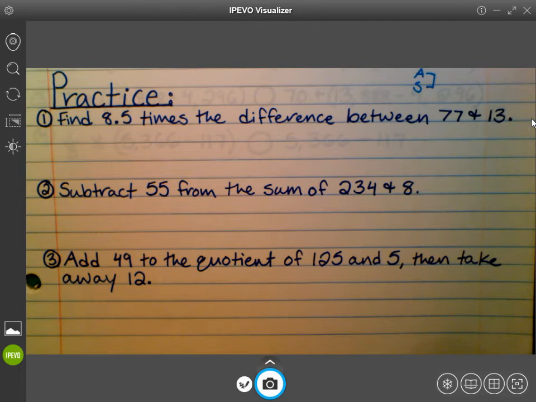And number 3, add 49 to the quotient of 125 and 5. Then take away 12. Don't forget to use your math talk boxes at the top of your page to remind yourself what those words and phrases mean, and writing them by those words. This can be very helpful.